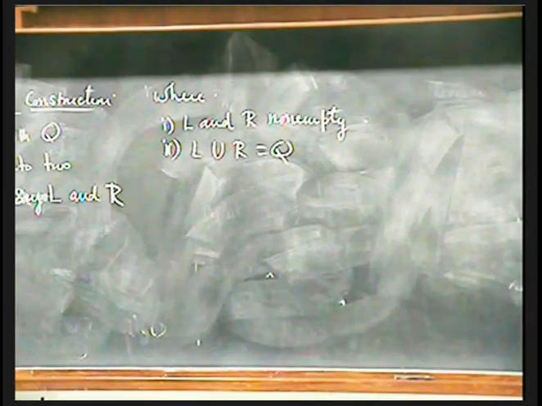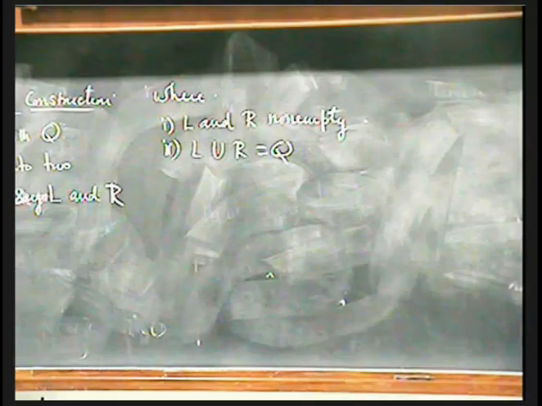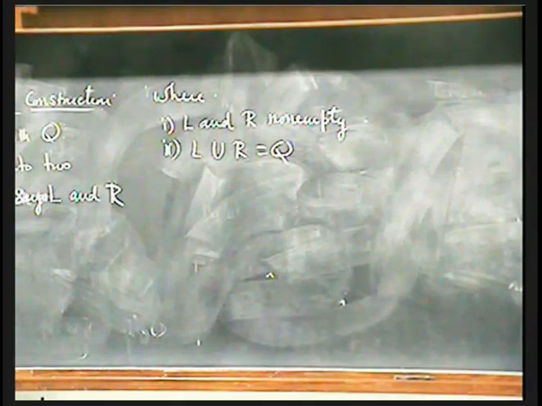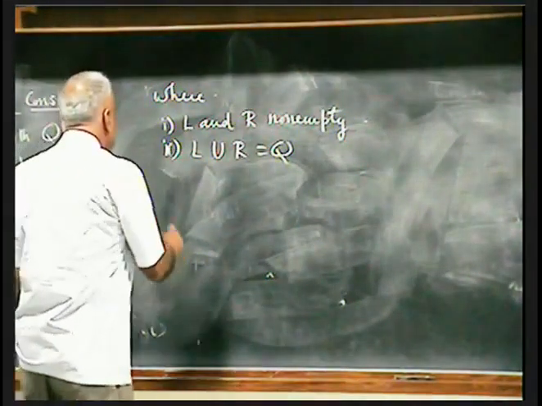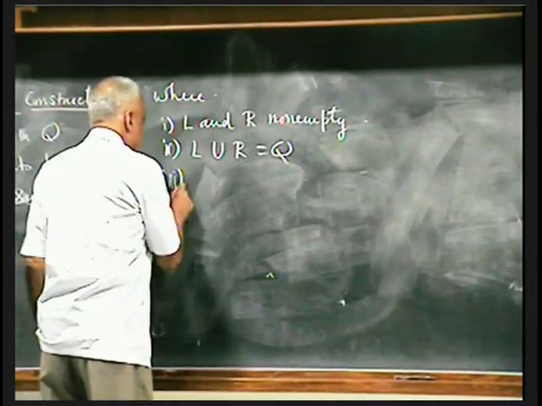So I put some rational numbers in one bag, I put the remaining rational numbers in another bag, and this bag I call L, this bag I call R. I make sure I put something in each bag. They are non-empty bags.